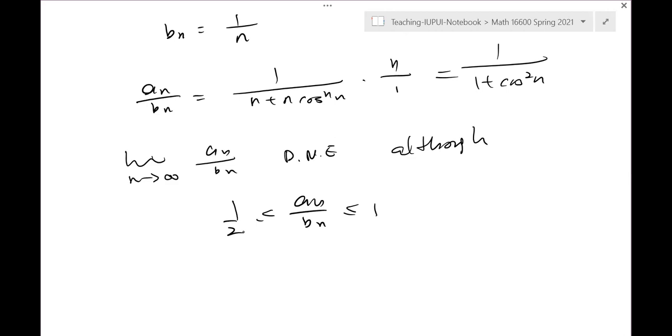This is why you cannot use a limit comparison test here.